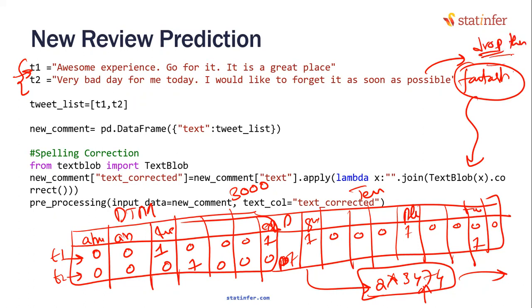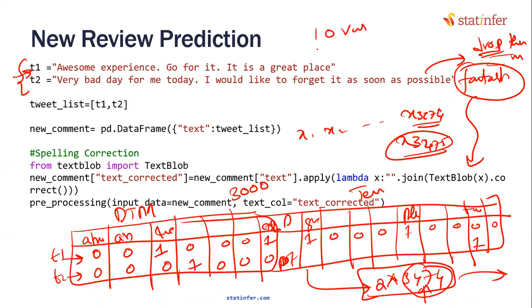Drop the new words, because the model uses x1, x2, x3, up to 3474 columns. But can I use x3475 columns? Let's say you are building a logistic regression model with 10 variables, can you predict with 11 variables? It's impossible, isn't it?